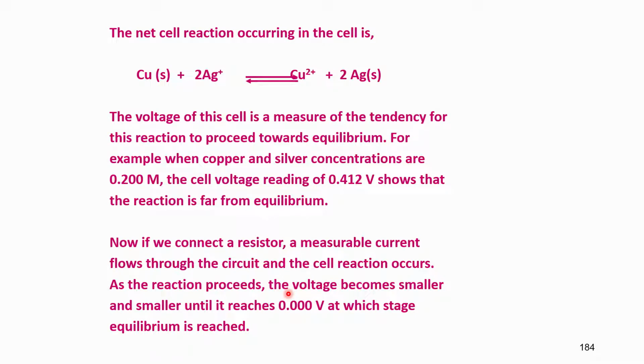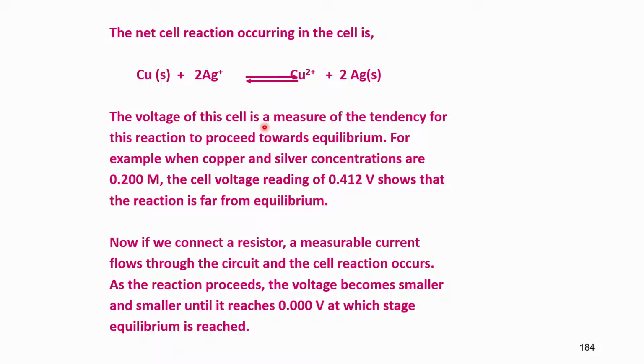So, one copper atom reacts with 2 silver ions to give one Cu2+ ion and 2 silver atoms as solid, reduced silver. So, that is the stoichiometric reaction.